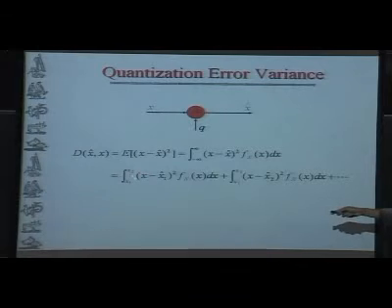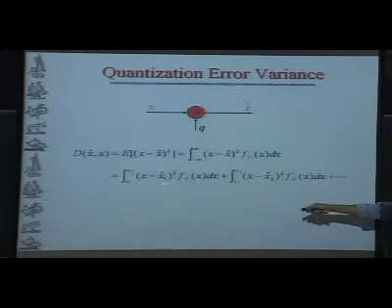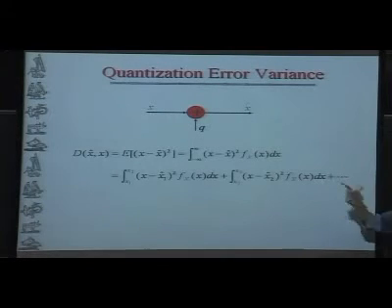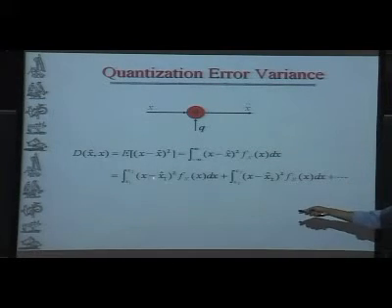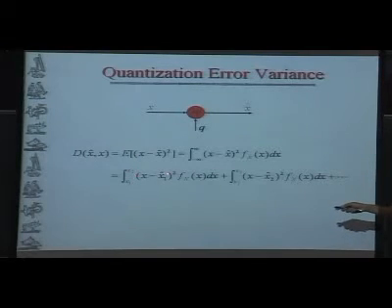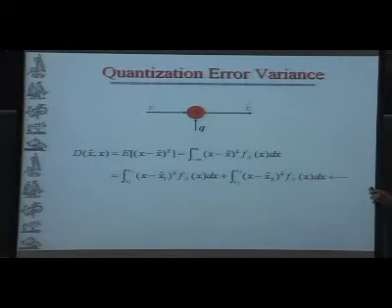So you can break this large integral into smaller ones, for each of the jumps. Each of these integrals is for one jump followed by the others. These are quantization boundaries. This is the reconstruction within the interval. So on and so forth.